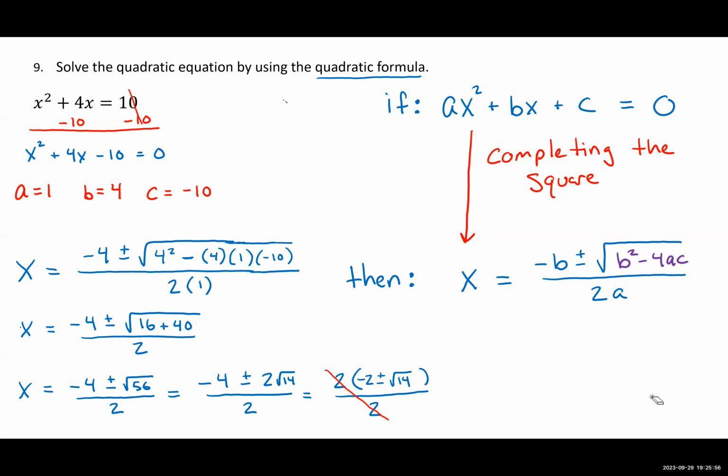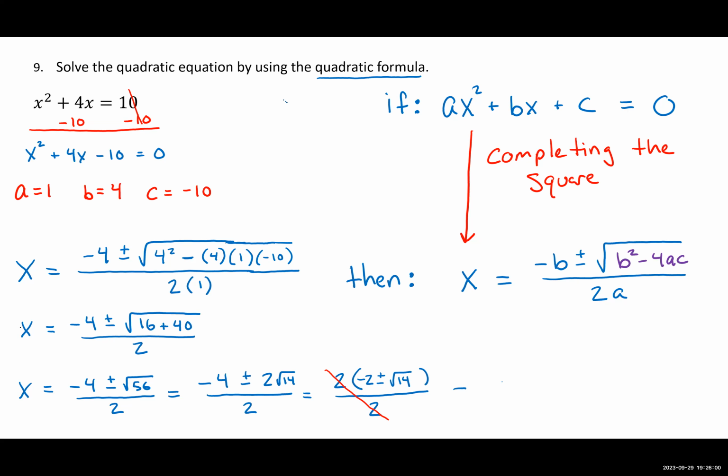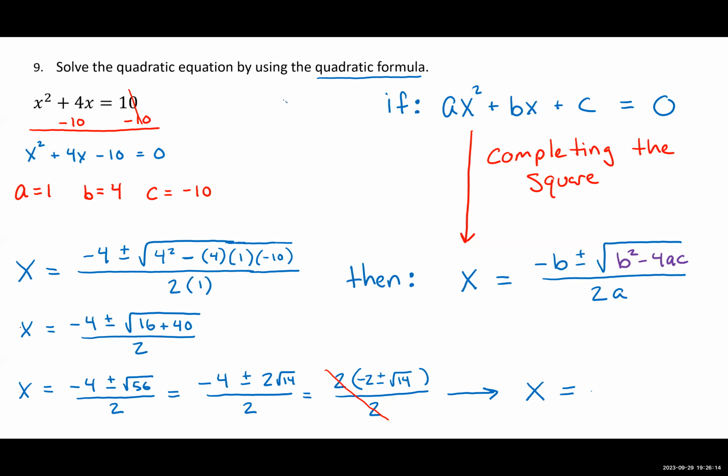Now that the twos have canceled, our answer is, let me put an x equals here. So let's say our final answer is x is equal to -2 plus or minus the square root of 14.